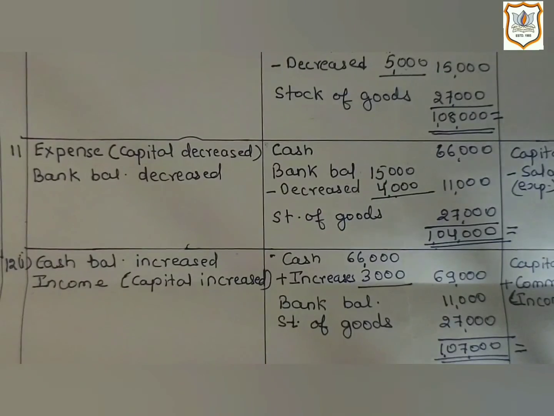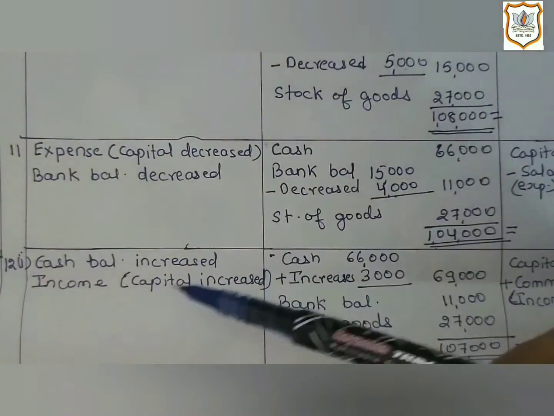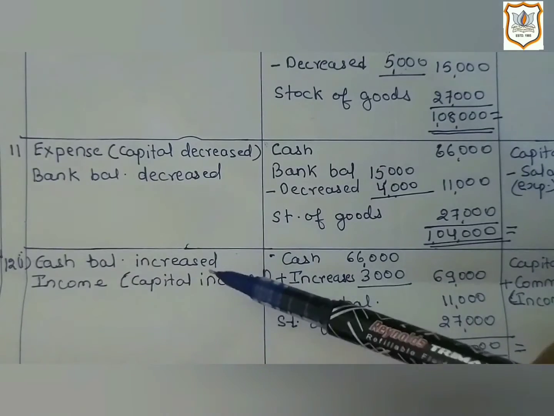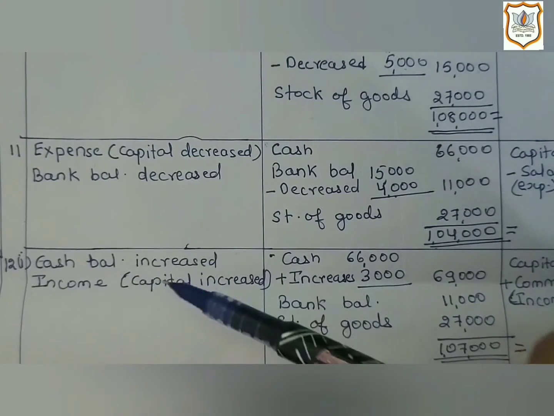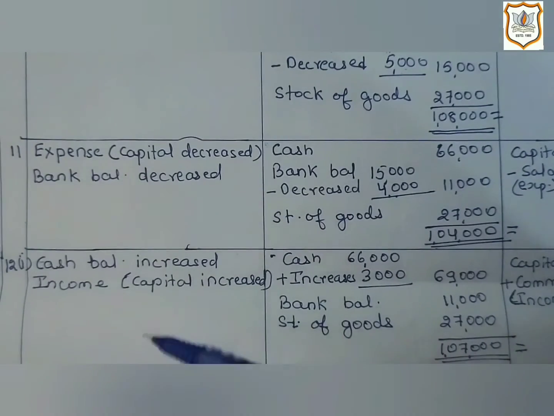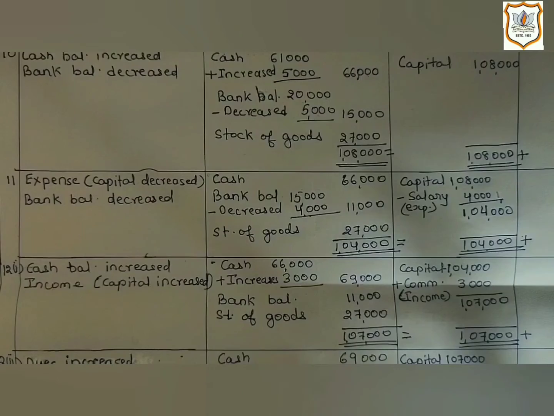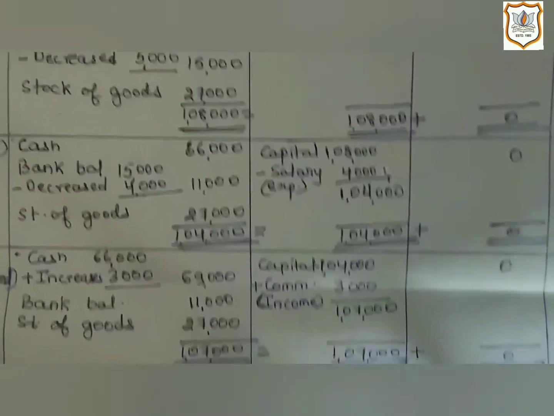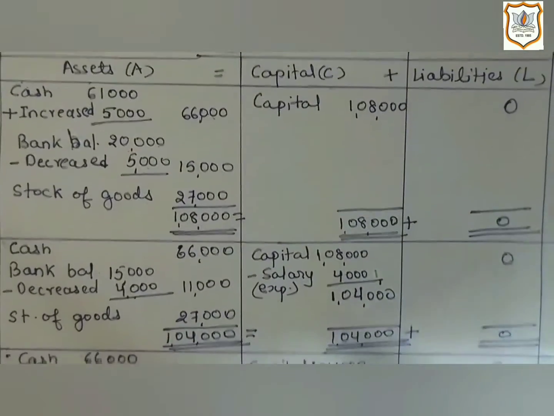Now let us see the explanation for the first part. Here we have received commission. So by this our cash balance will increase, and since it is an income it leads to an increase in capital. Now let us see its impact on the accounting equation.